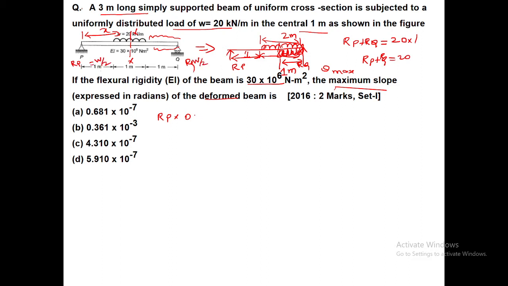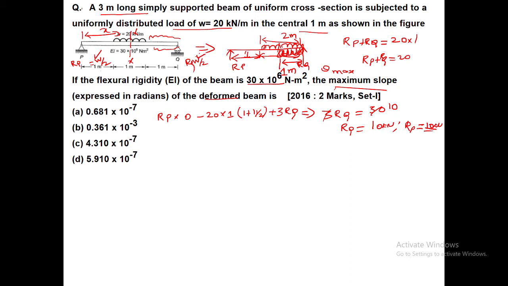So RP into 0 equal to 20 into 1 into distance 1 plus 1 by 2, minus 3 RQ. So 3 RQ equal to 1 plus 1.5, so 30. Then RQ equal to 10 kilonewton, RP also 10 kilonewton. This is symmetrical, so W by 2.